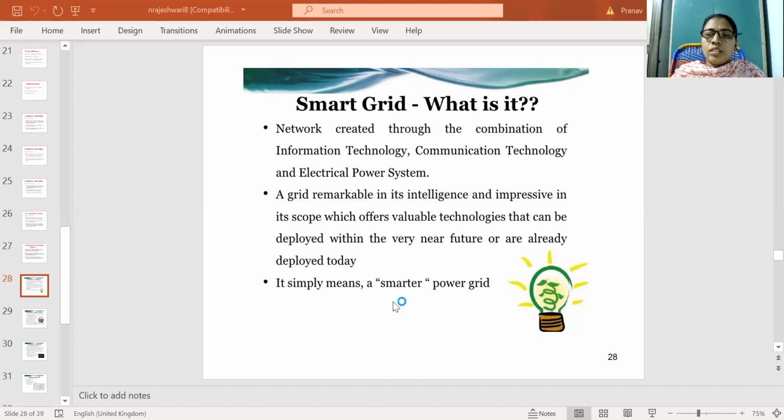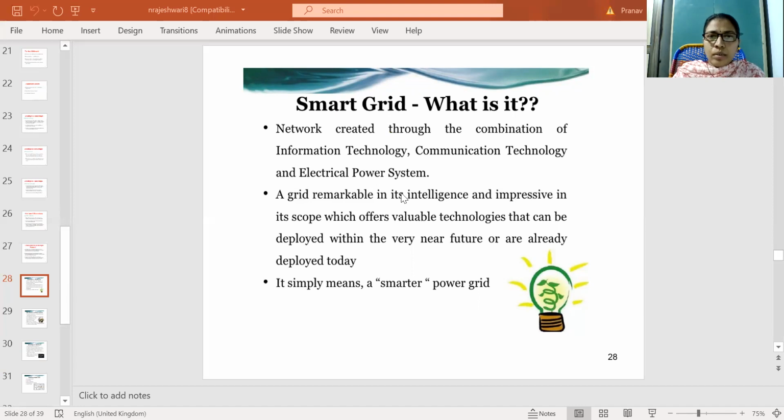So information, communication, and electrical power systems are combined to form a network. That network is called a smart grid.